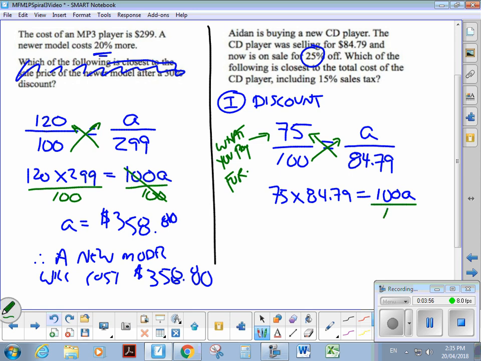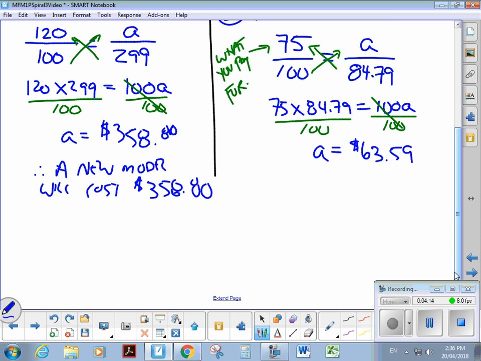Divide both sides by 100. And we get that A is equal to 75 times 84.79 divided by 100, which is now $63.59. So this is your discounted price.